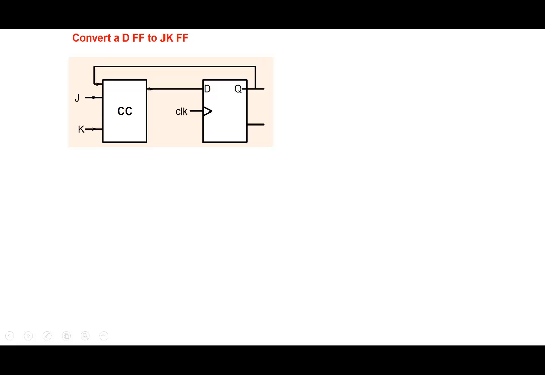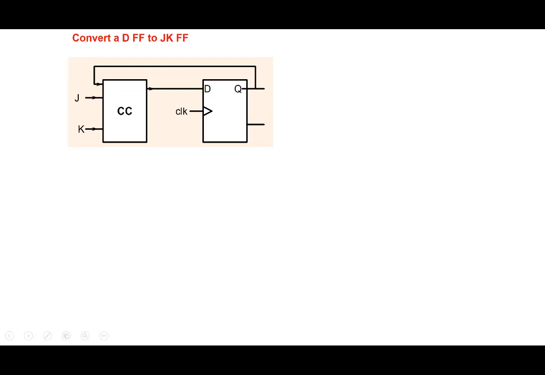And you want to convert it into a JK flip-flop. What we do is add a combinational circuit. The idea is that using J and K we generate a value of D such that the output Q goes into a state in correspondence with the values of J and K.